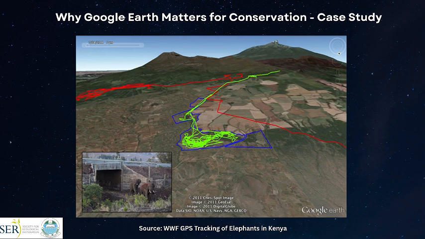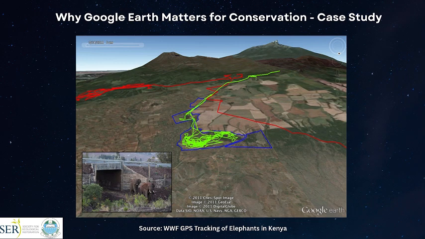The WWF, the Worldwide Fund for Nature, used Google Earth Pro to map and visualize elephant migration corridors in fragmented forest, and it worked by fitting GPS collars that use LoRaWAN technology to transmit real-time location data.